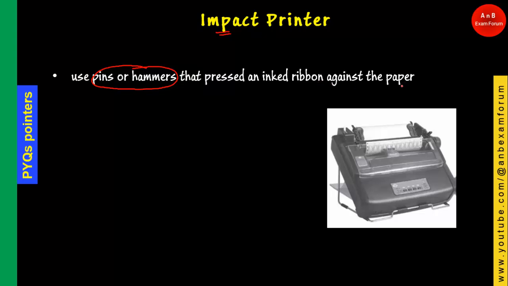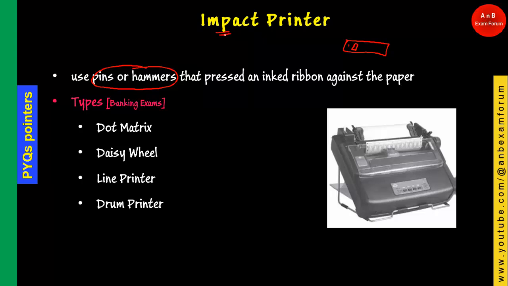You have seen the typewriter, it is similar to the typewriter. There is a paper and a hammer which has a character on it, so that character will be imprinted through the ribbon, which is generally black, making an impression on the paper. Those are called impact printers.